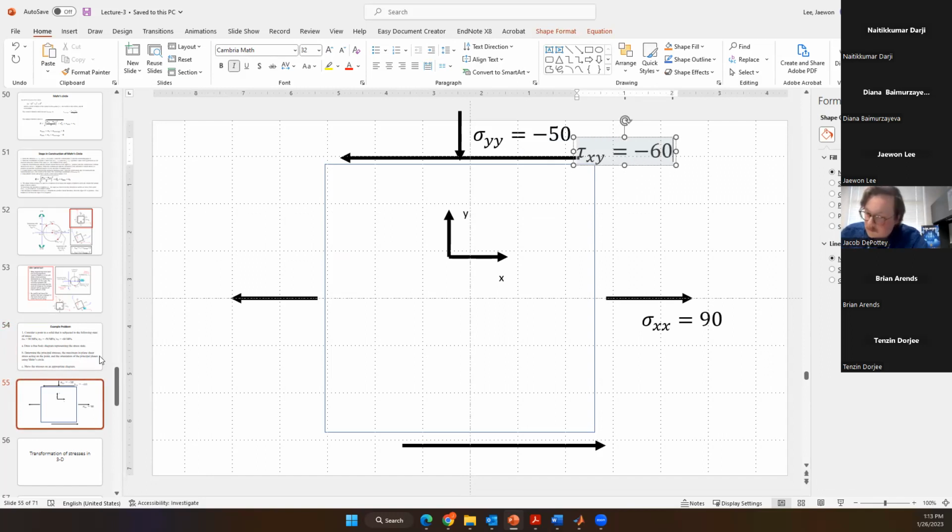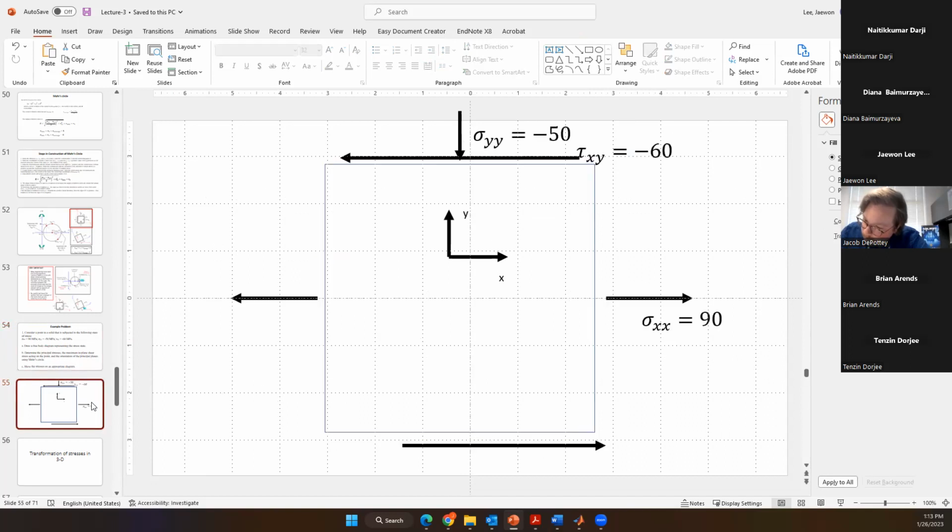Is that correct? Yes, 60. Okay, this is the diagram.